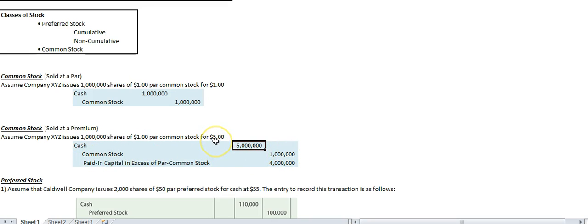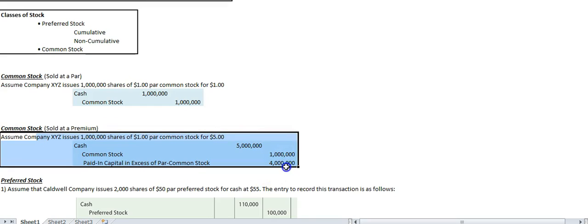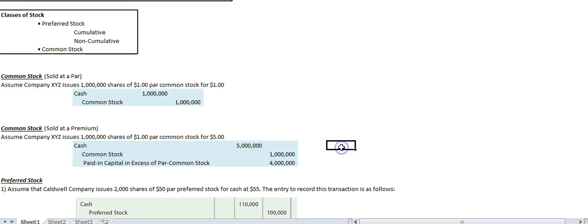The excess, in this case $4 per share, goes in an account called paid in capital in excess of par common stock, 4 million, okay? So this is the most basic entry that you're going to have when a company issues common stock. It's the most common and the most basic.